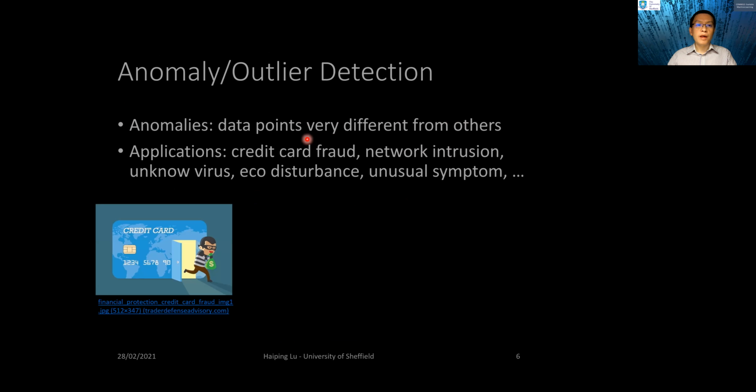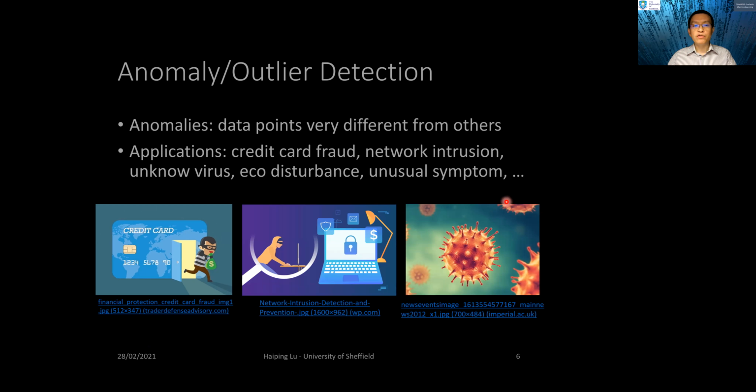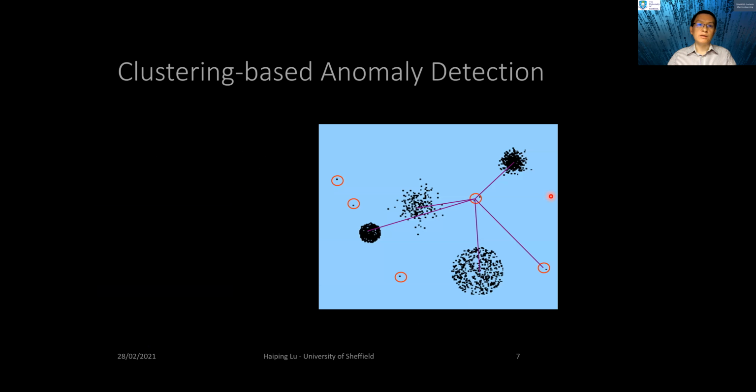Anomaly detection has many applications, for example, in credit card fraud detection, in network intrusion detection, or detection of unknown virus. Also, ecosystem disturbance, unusual symptoms, and many other applications. So we can use clustering for anomaly detection.